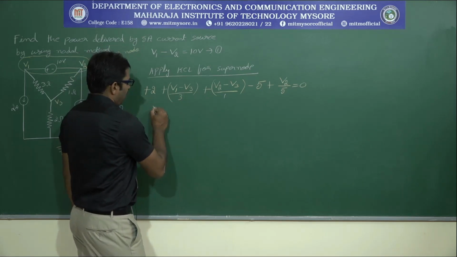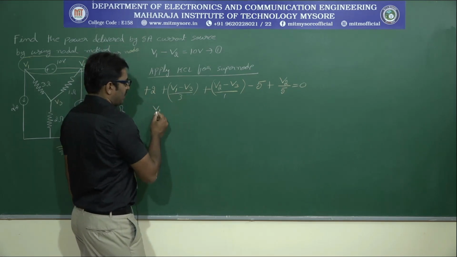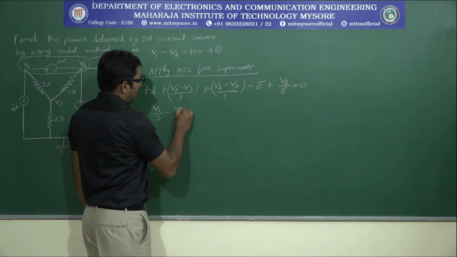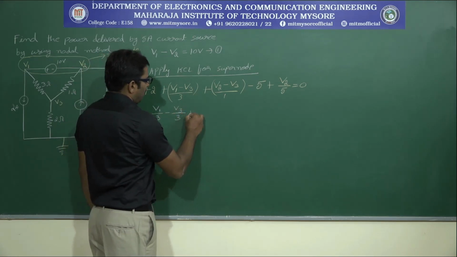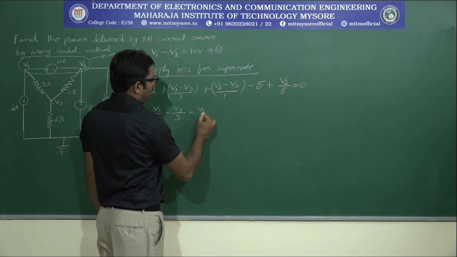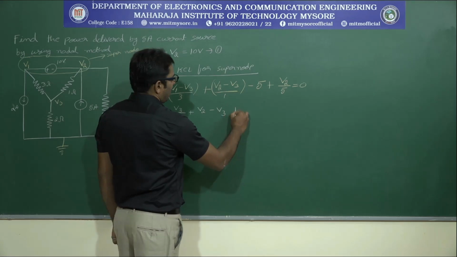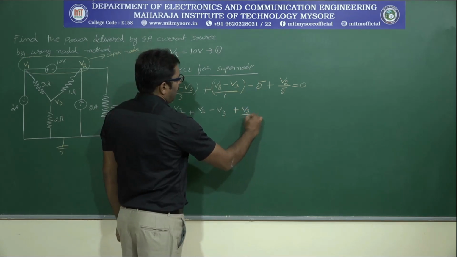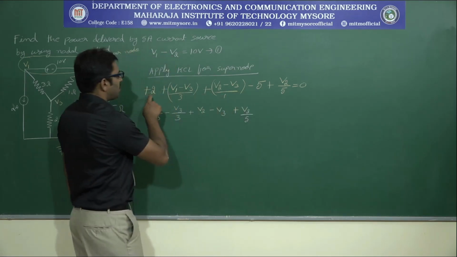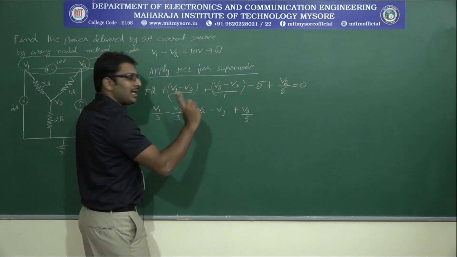First, let me split this term: V1 by 3 minus V3 by 3 plus V2 minus V3 plus V2 by 5, plus 2 minus 5 minus 3.